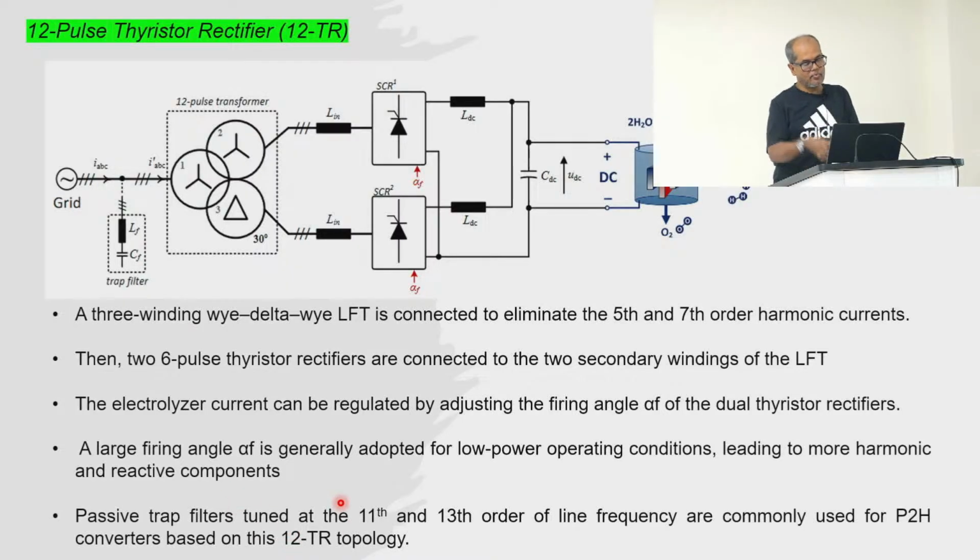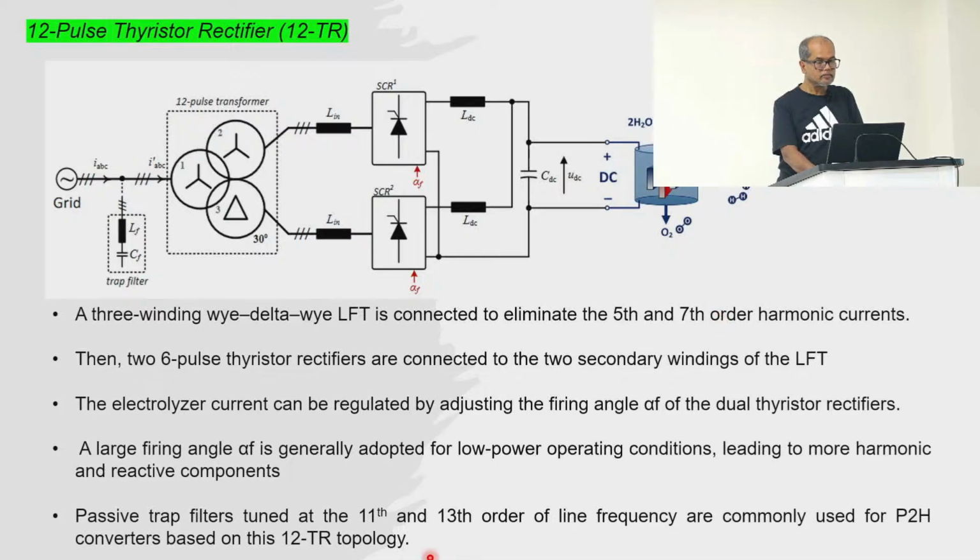And as you know, we have third harmonic, fifth, and so on. By using this Y delta configuration here, although we are not going into the transformer connection, with that connection it can cancel or eliminate fifth and seventh order harmonics from the current.